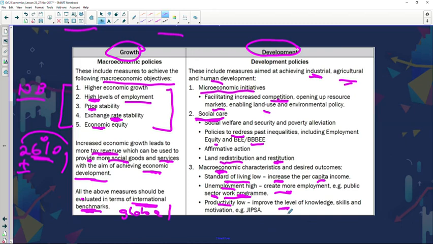So we've looked at some macroeconomic policies in terms of growth and also the development policies in terms of economic development. We will go into much more detail and look at specific policies that were introduced by government in order to meet its micro and macroeconomic objectives.